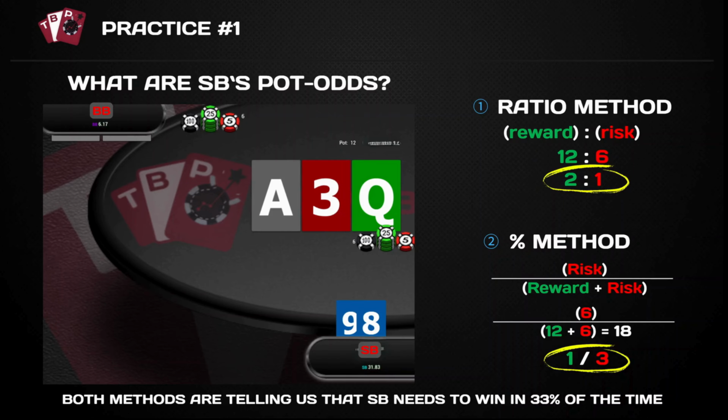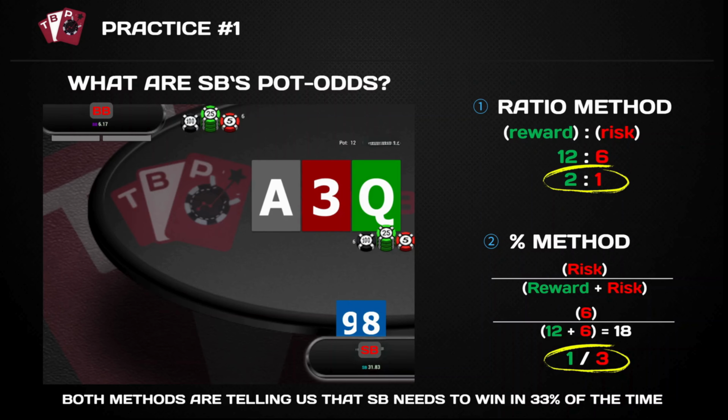With that, in our first example, we look at a heads-up spot on the flop where the big blind is betting and the small blind wants to know his pot odds. In this situation, the big blind is betting 6 BB into a pot of 6 BB, making it a total pot of 12 BB.